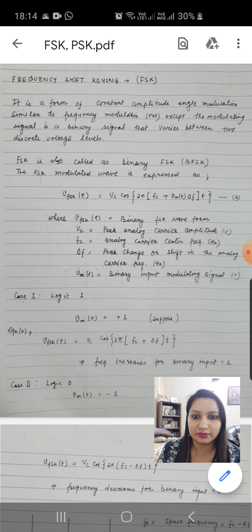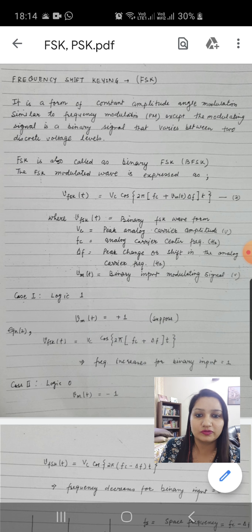Obviously Vfsk represents the binary FSK waveform, Vc is the peak analog carrier amplitude, Fc is the analog carrier frequency. Now note that here delta f is the peak change or shift in the analog carrier frequency. Vm(t) is the binary input modulating signal.